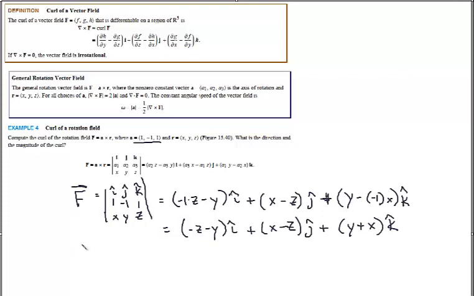So we now have our vector field F. We need to do the curl of F, so I would like the curl of F, which means I'm going to be looking at this I, J, and K component, and I will then write in the partial of each, and in the denominator I'll go ahead and write in these partials, and then we'll substitute those in.